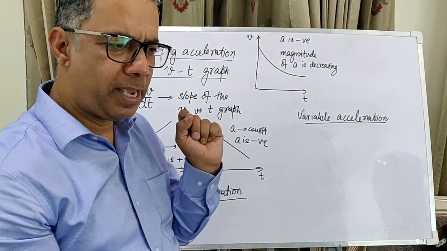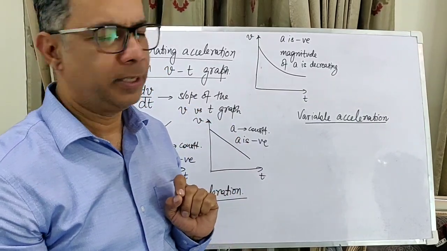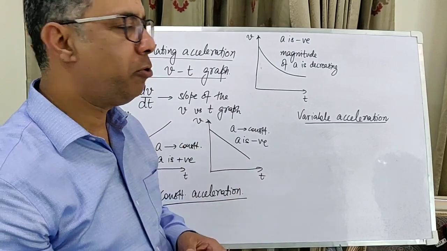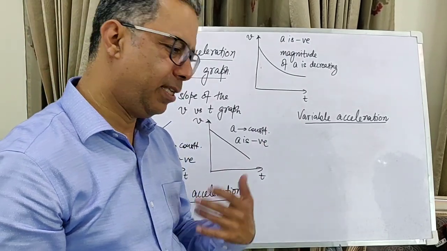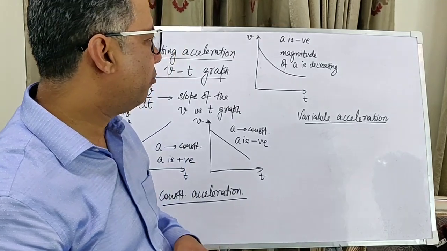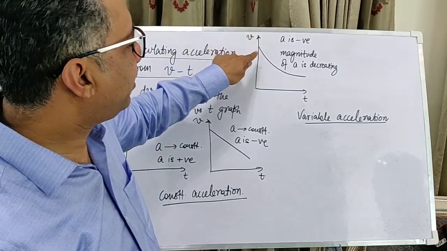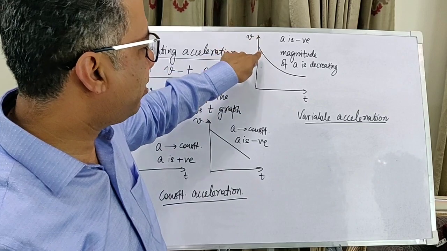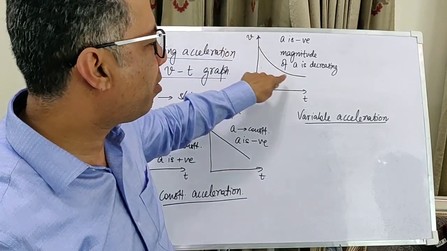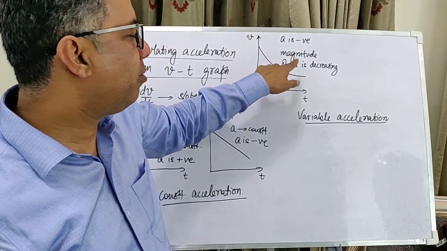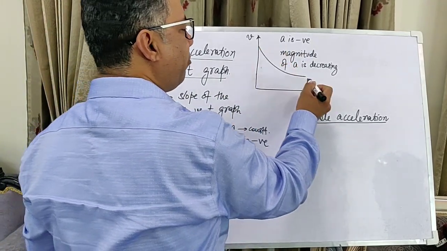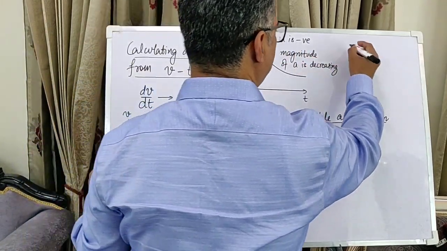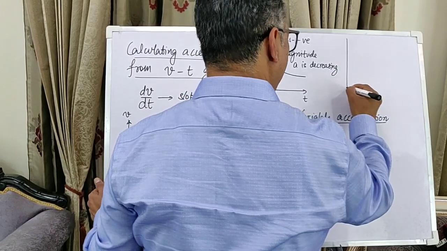I will not be looking at the sign of the slope here. In study of motion, this kind of works better, easier. So this is what we'll be doing. This is a graph with decreasing slope because it gets more and more horizontal. So magnitude of acceleration here is decreasing, while there is a downward sloping graph, so acceleration is negative.